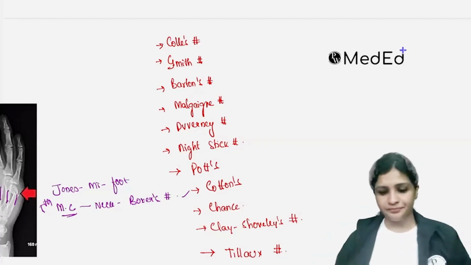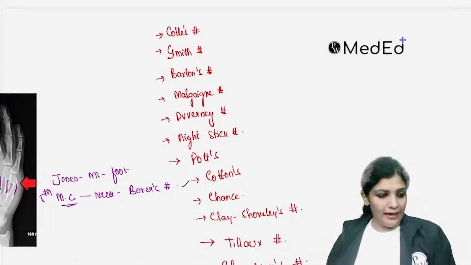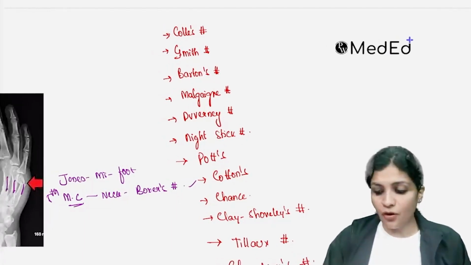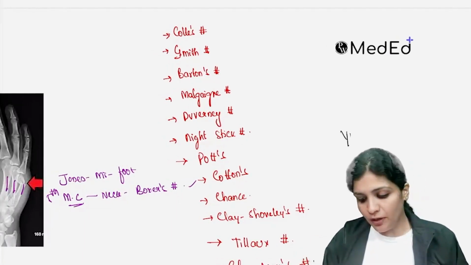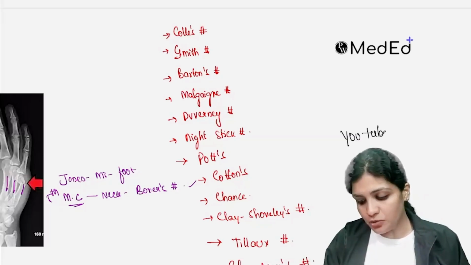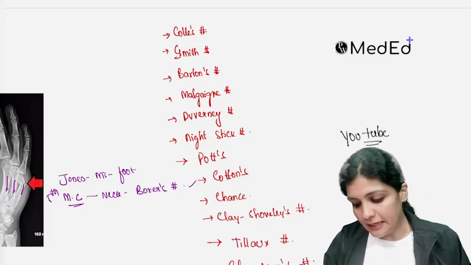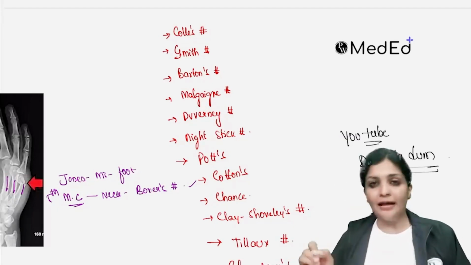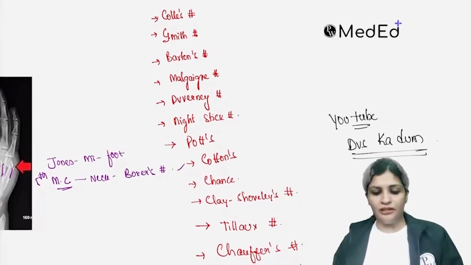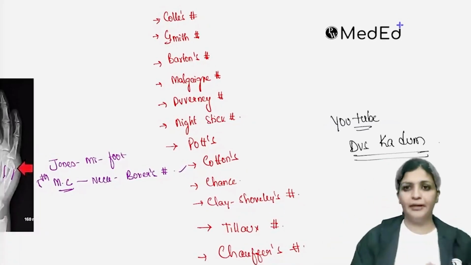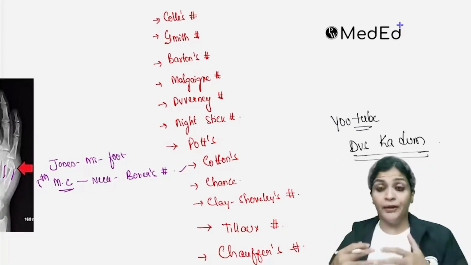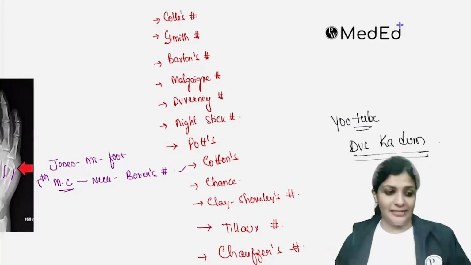Right? Hope you will all answer these questions. If you're not able to answer these questions, you can go for yesterday's YouTube session. In that I have discussed all the eponyms of the fractures from the upper limb, lower limb, and the spine, which will be easy, and you can just go through it before the exam also.